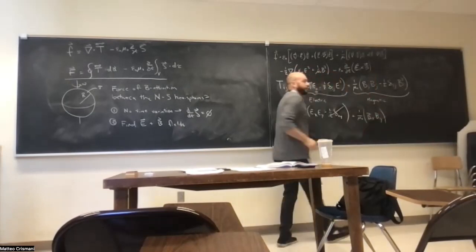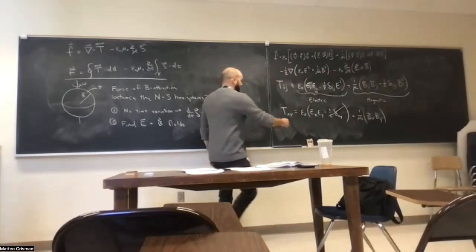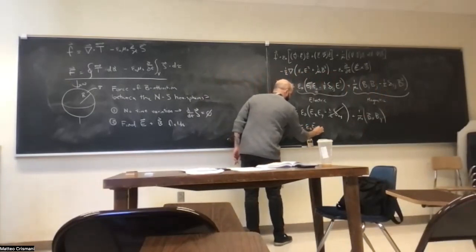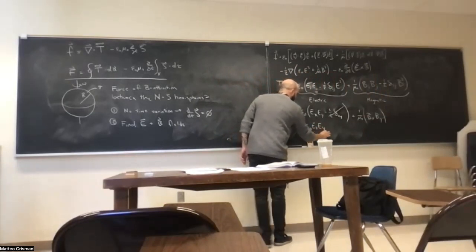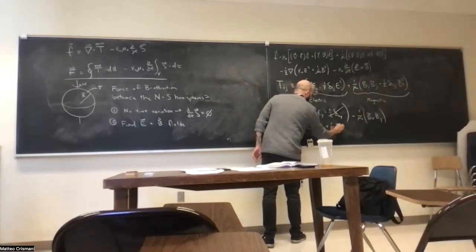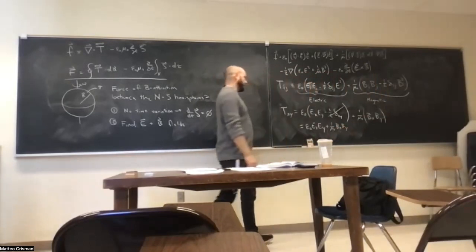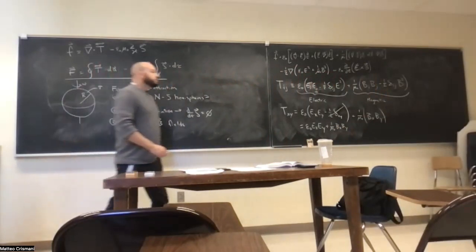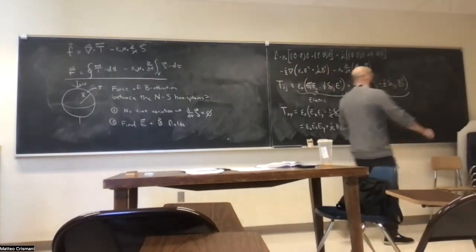Good, and I'm going to throw that other one out, for the same reasons. So I can simplify this and I could say epsilon naught E_x E_y plus 1 over mu naught B_x B_y. Wow. Okay.